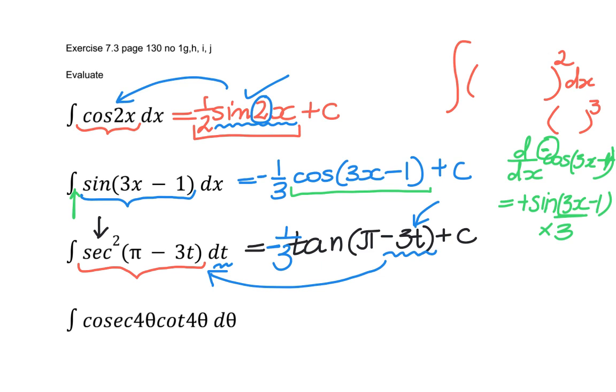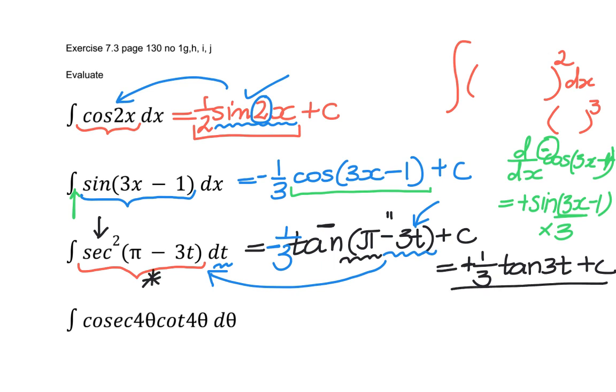Well, in this example, no, boys, because pi is our 180, so we will be required to use a reduction formula to simplify it to the end. So we will get 1 over 3 with a minus, pi minus, that's my second quadrant in which tan is negative. So this minus will simplify, and then I've got tan of 3t plus c. You can reduce it already under the integral. You can reduce it at the very end.